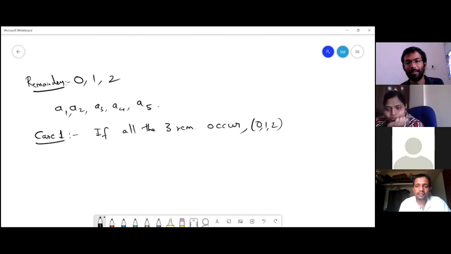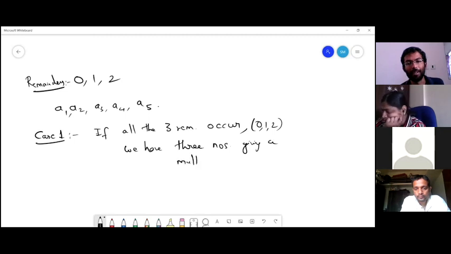The sum of those remainders is divisible by 3. Exactly. So we could choose these three, and we have three numbers giving a multiple of 3. Then this is one case: all three remainders occur.